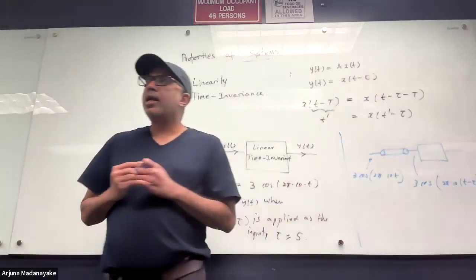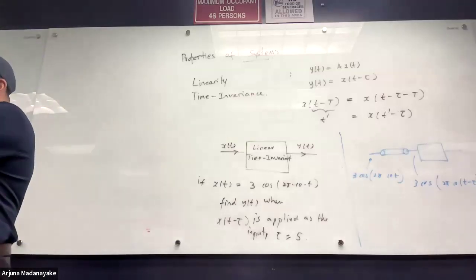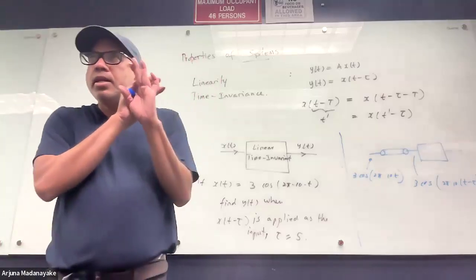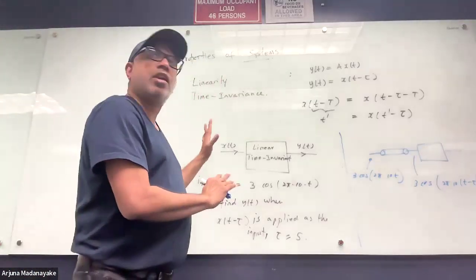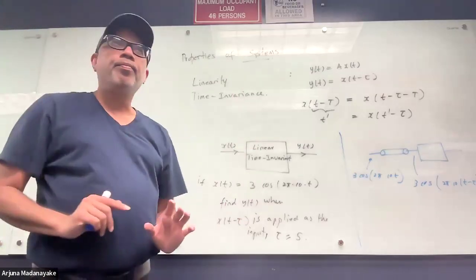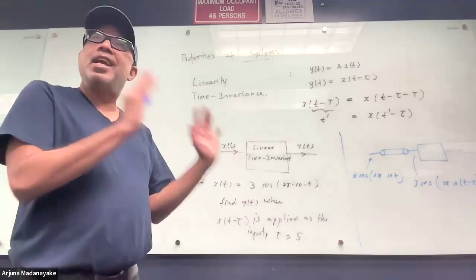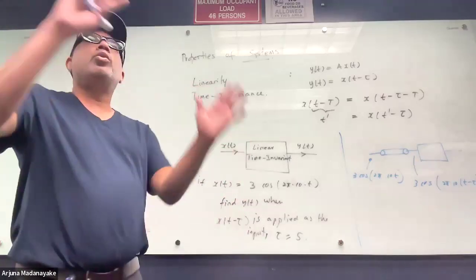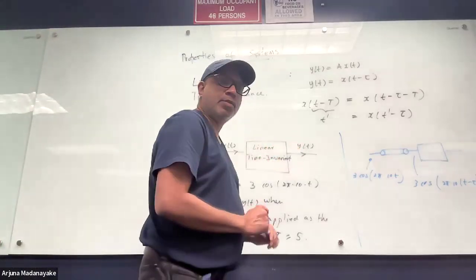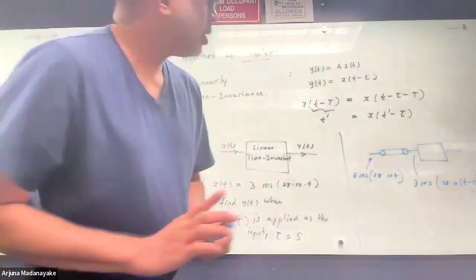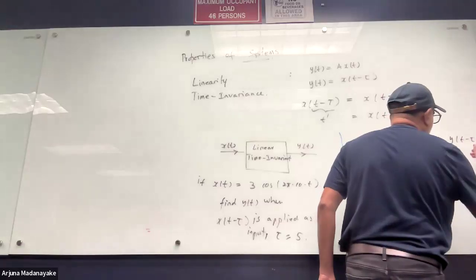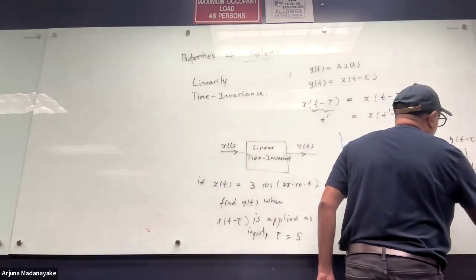Whatever shape x produces in y, we are only delaying it by tau, so it just comes out delayed, no change. We can write y of t minus tau in terms of the previous one.